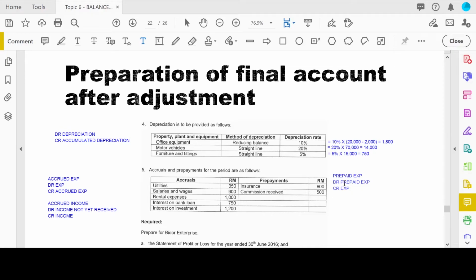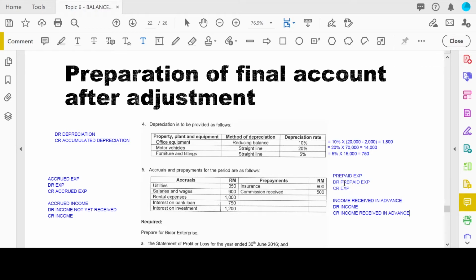What about income received in advance? For income received in advance, we are going to debit, meaning that we have overstated our revenue. So we are going to debit income and credit income received in advance.